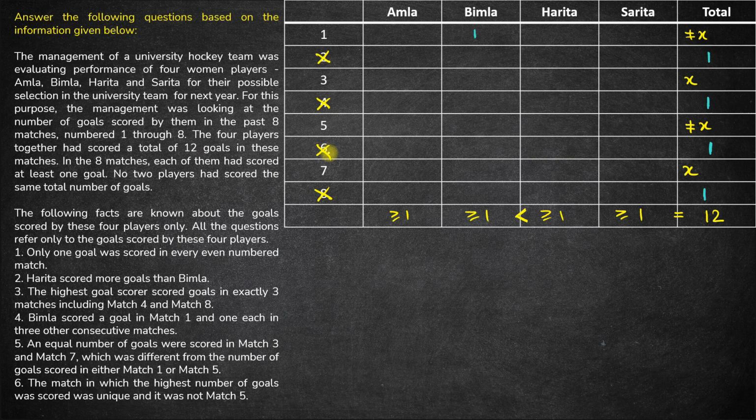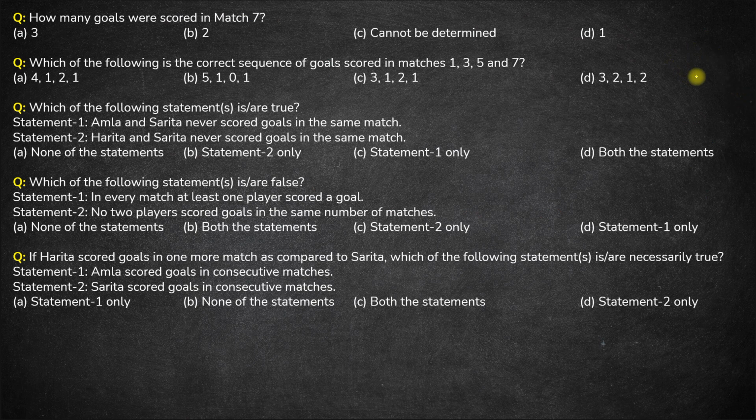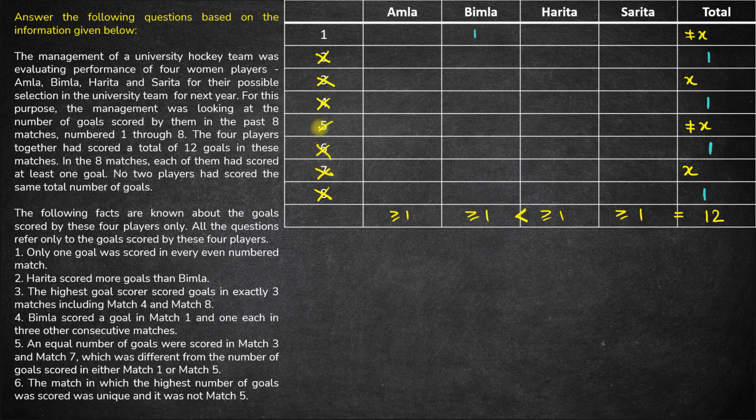It cannot be match 7 and match 3 because the value is not unique here. Fine. And the condition says it is not match 5 either. That means the highest number of goals were scored in match 1. So this value here is the highest value. Obviously it will not be equal to X. It has to be a unique value. So the unique highest value, we'll consider this again.